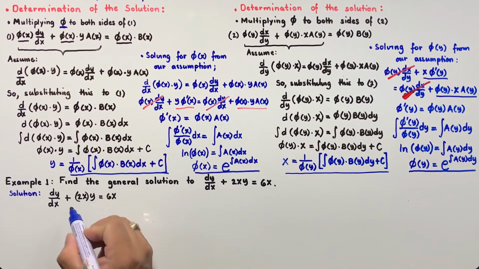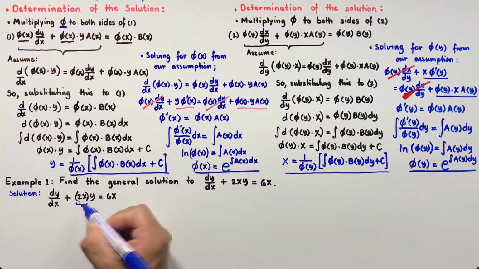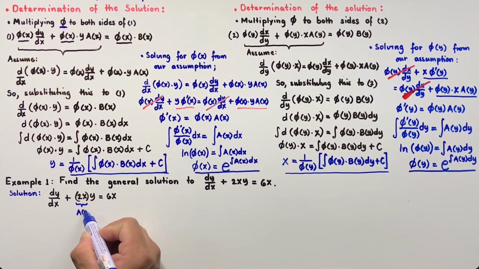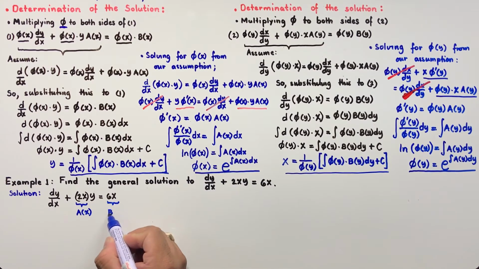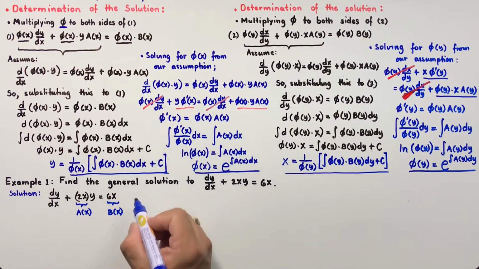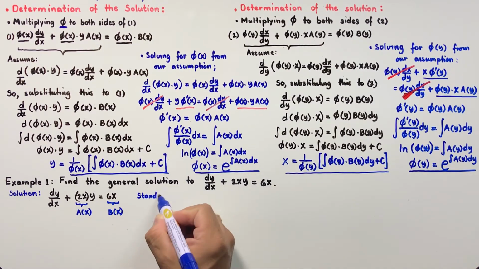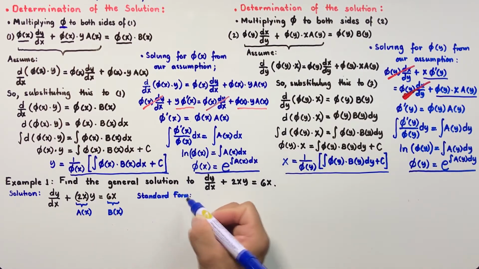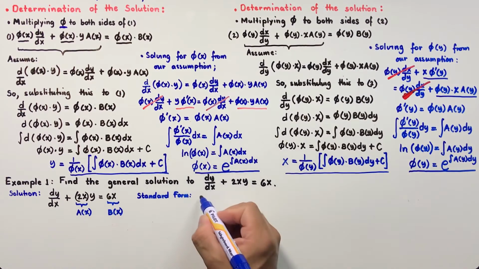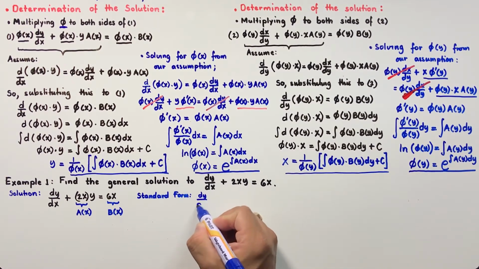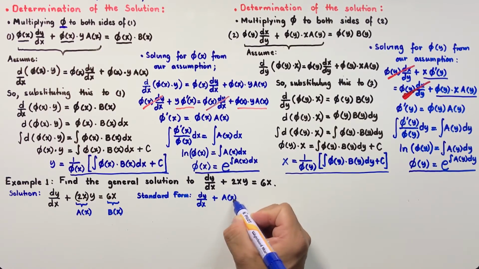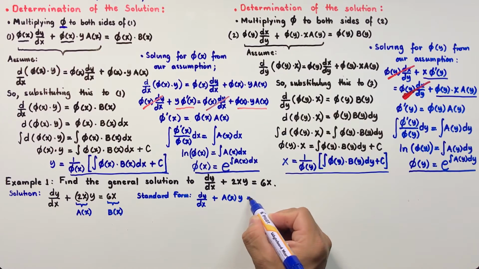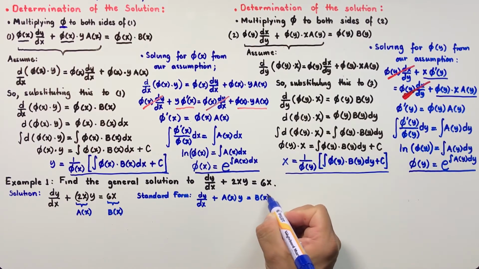So we say that this is our a of x here, and this one is our b of x, because as you can remember, our standard form number 1 is the derivative of y with respect to x plus a of x times y, which is equal to b of x.